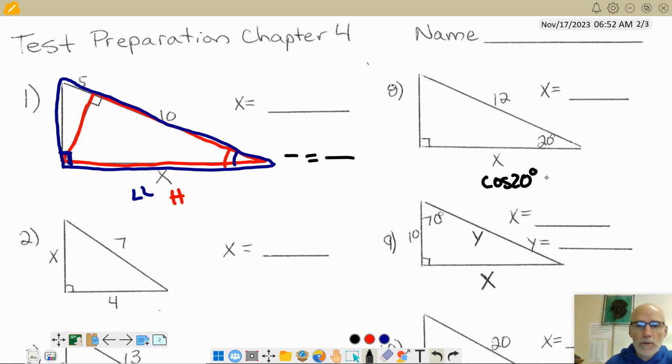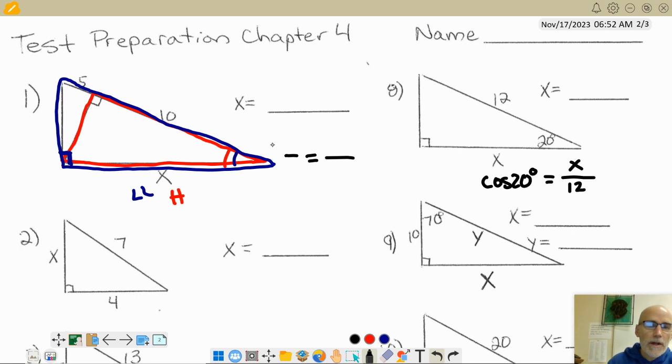Our triangle has an adjacent leg that's X and a hypotenuse that's 12. So even though this side doesn't look like a ratio, when we type it into Desmos, it's kicking out a decimal, the fraction that's been converted into a decimal. It is a ratio. All right.